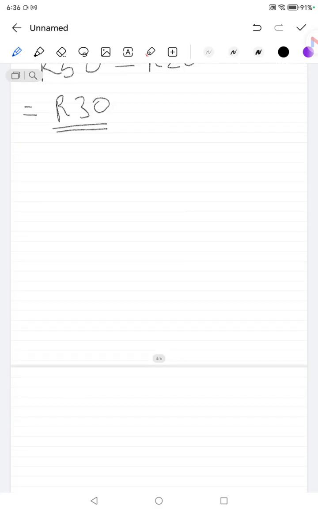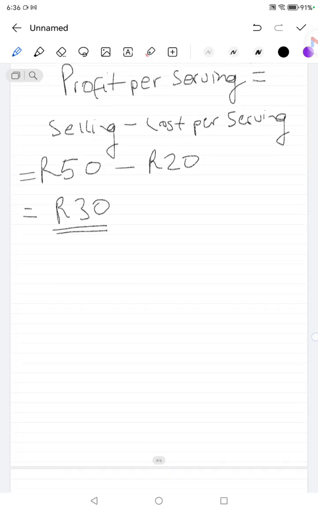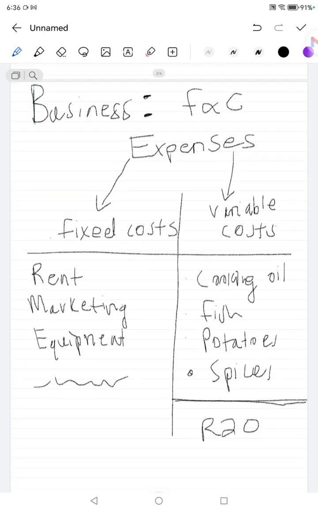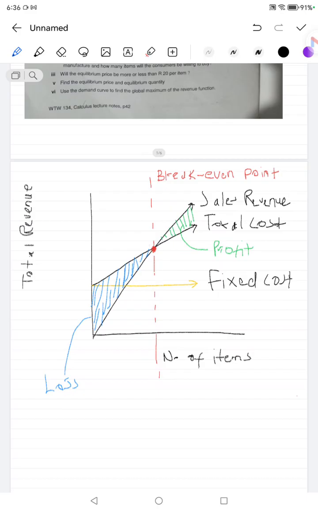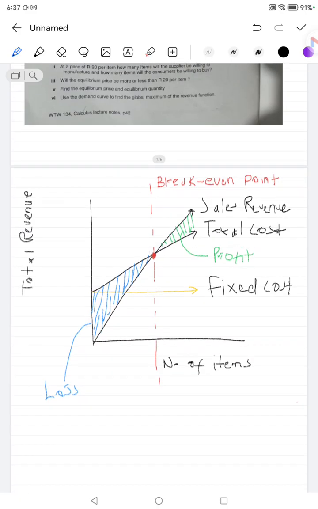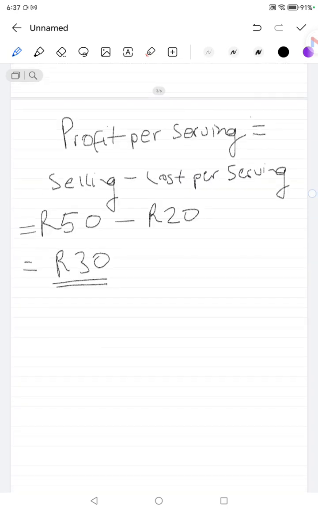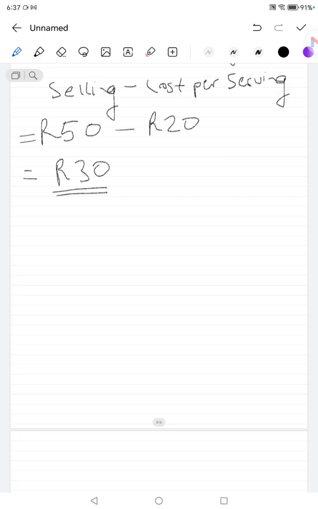But now if you want to consider how many items you would basically need to sell in order to make more profit, because remember, you start making profit from this region going up. So you say, okay, what's your formula for the break-even point?